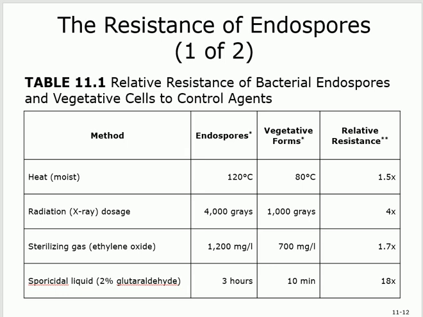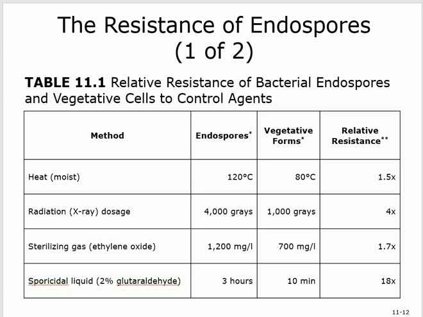So how about 110? No, not enough. 110 or 100, that will get rid of the vegetative form. It will not kill the endospores. What's your magic number to kill the endospores? 120 or above. Other than that, here's what I want you to know.